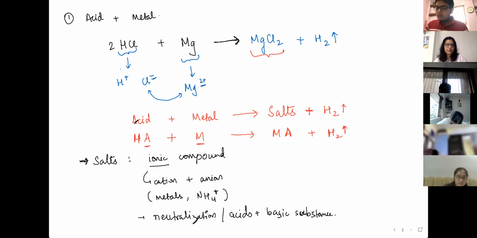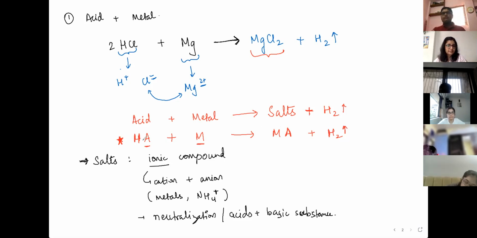Okay. So use this as a code for you guys to remember, for you guys to practice. The only thing you need to take care of, once you know this equation, is the valency. Like if Mg is given, then the valency of Mg is 2, so you need to modify it based on that.